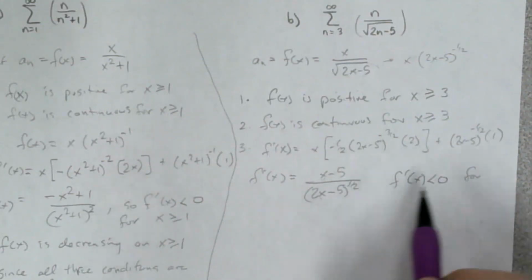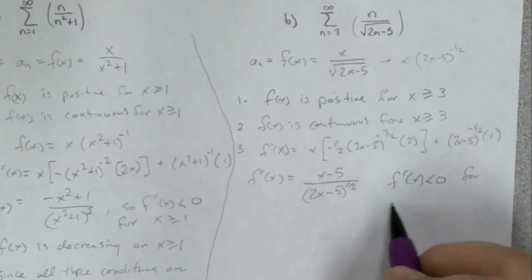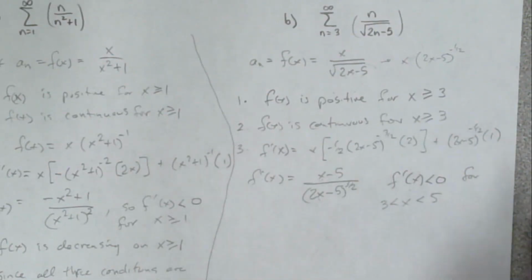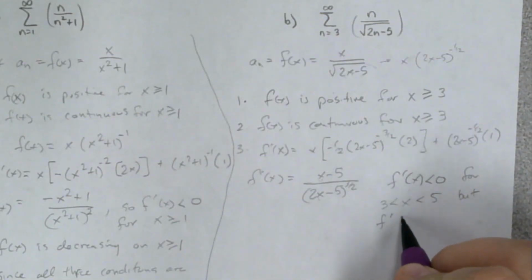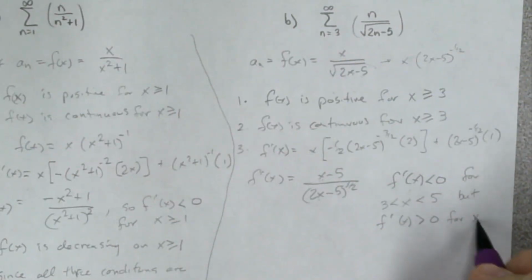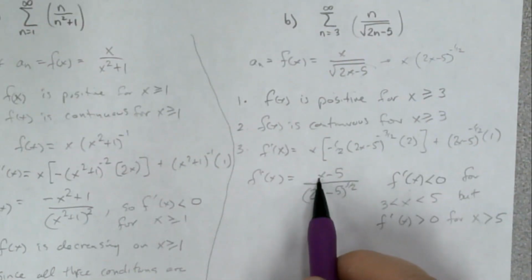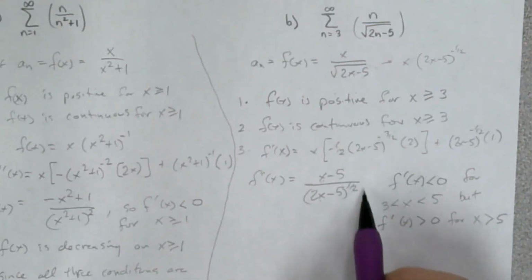So what we're looking at here is this will be negative when x is between 3 and 5. That's a good place to look at that. But what do we know? F prime of x is greater than 0 when x is bigger than 5. Right? We talked about that. So if x is 6, this will be positive, and this will be positive.